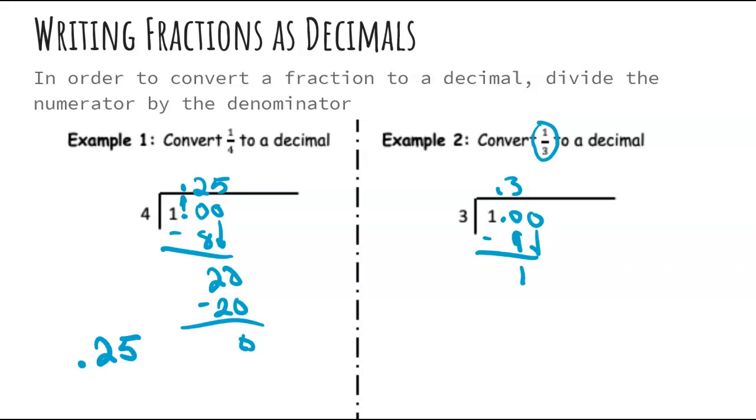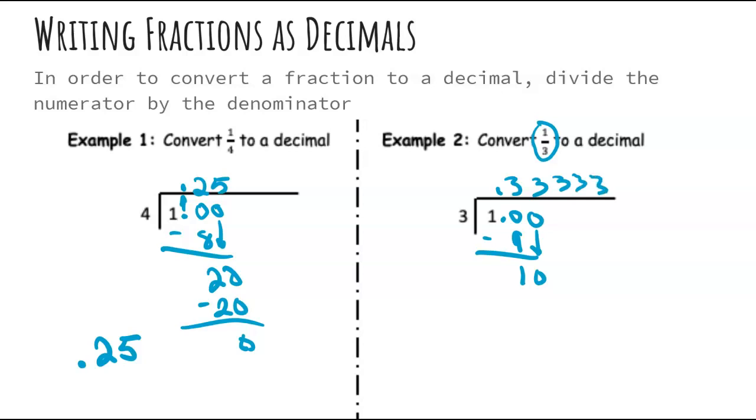I keep bringing down my 0. Right now I can see I have 10 again. Well, I just had 10 before. So if I keep trying to divide by 10, it's going to go in 3 times every single time, and I'm always going to have one remainder. Bring down the 0, gives me a 10. So I know that I'm going to keep repeating in that pattern. It would end up being 0.3, 3, 3, 3, and so on, all the way down the line.